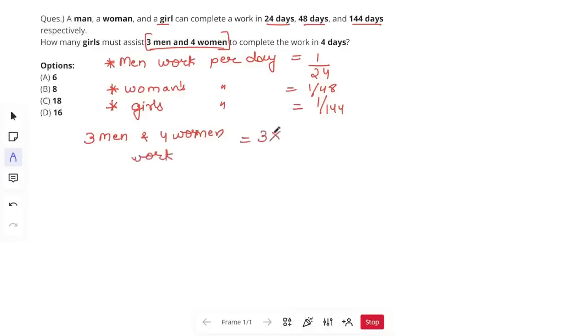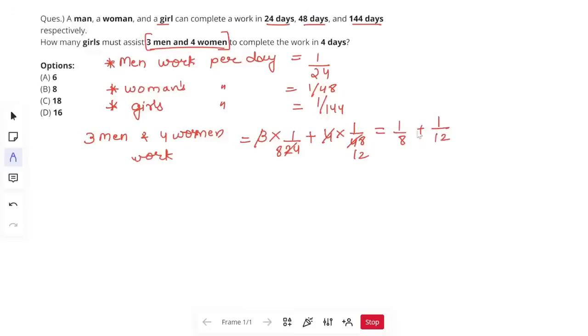So 3 into the work done in one day, which is 1 by 24, plus 4 women's work, which is 4 into 1 by 48. If you simplify it, it is going to be 1 by 8, because 3 and 24 will cut by 3, giving 1 by 8, plus 4 and 48 will cut by 4, giving 1 by 12. So the values that you will get are 1 by 8 plus 1 by 12.